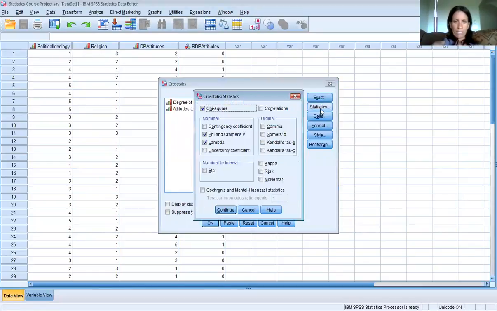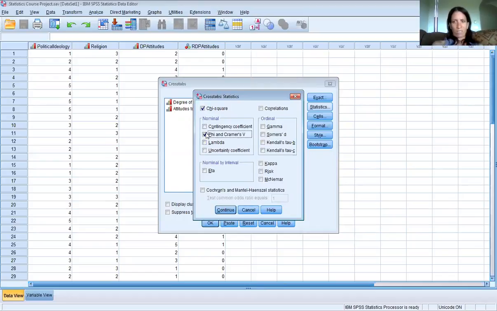I'm going to click on Statistics. None of this will be checked for you guys, so it's going to look like this. You're going to click chi-square. Because I have nominal, I'm going to use this measure of association. You can also use lambda, and your book talks about the different measures of association and which one you use when.